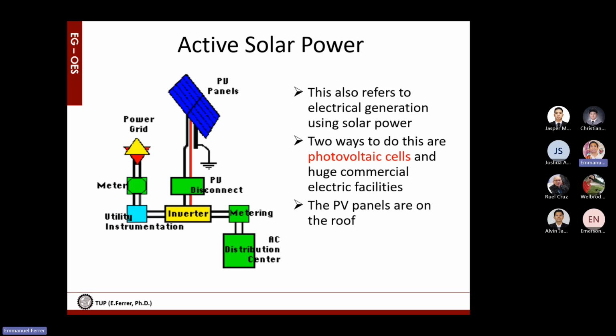Not sure if it's 10,000 or may certain kilowatt hour consumption. So, kapag gano'n, bibilhin ni Meralco 'yun ng mas mura, no, kaysa sa presyo na binabayaran mo sa kanila.